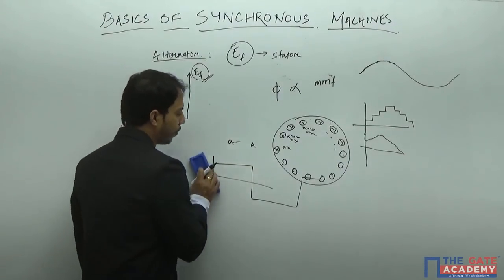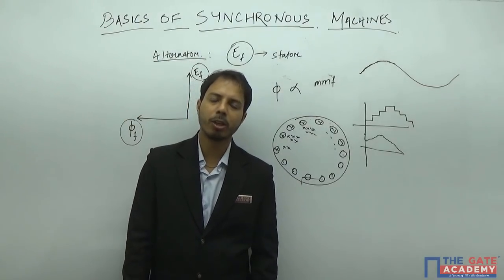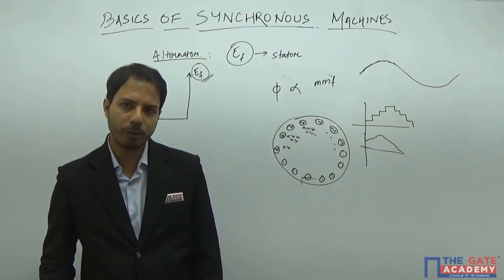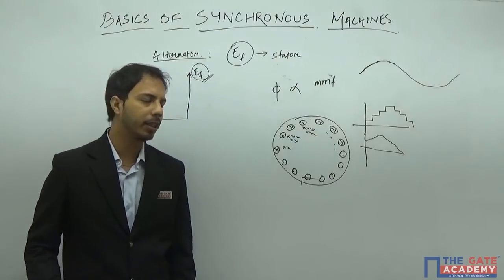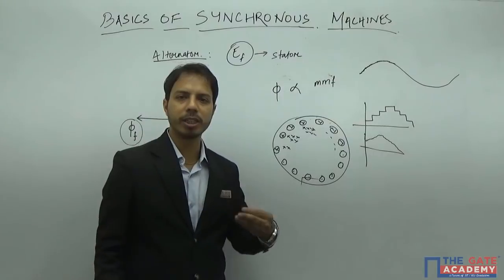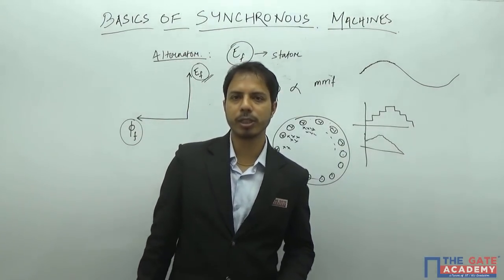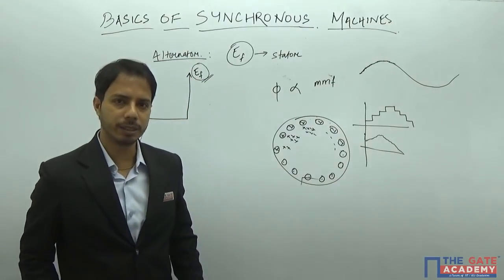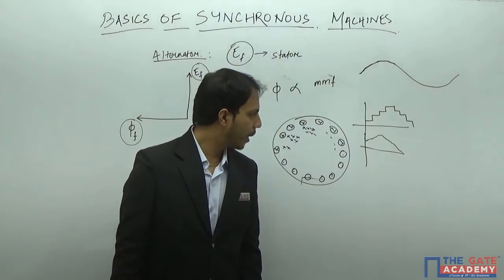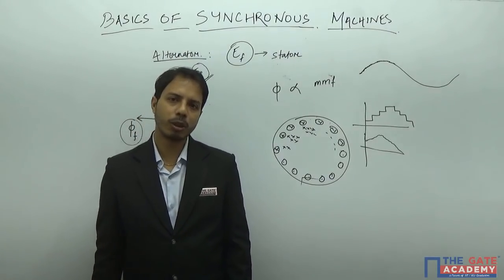So what we have understood here is that distributed windings are necessary so that the shape of our induced EMF gets better, so that the quality increases. But once this happens, there is one disadvantage.